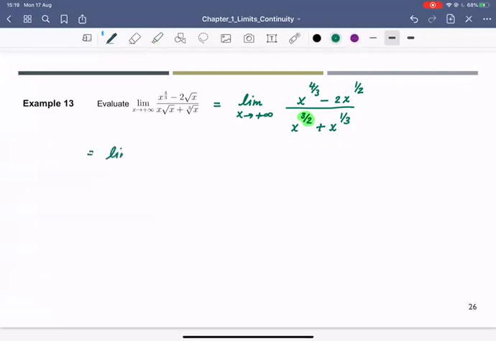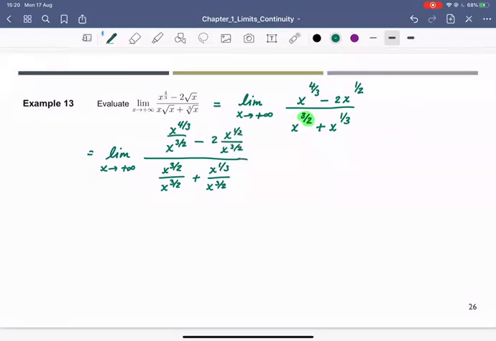So my solution is the limit as x goes to plus infinity, dividing everything by x to the 3/2. And then after that, it's all calculation. For the first one, x raised to the 4/3 minus 3/2.